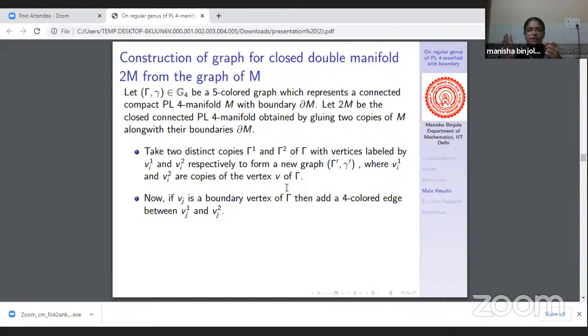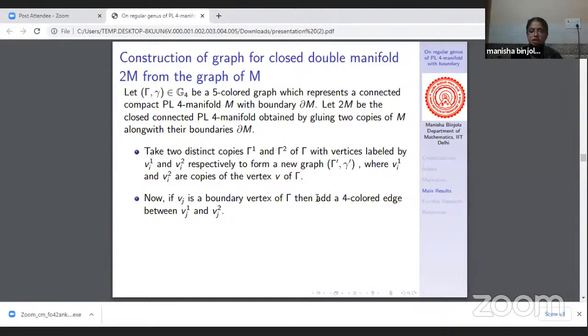If it is an interior vertex, leave it, do nothing. If it is a boundary vertex, this means it has 1 degree less. This means a 4 colored edge is missing from this vertex. The same story happens with the other copy as well. Now we join a 4 colored edge between these two vertices.